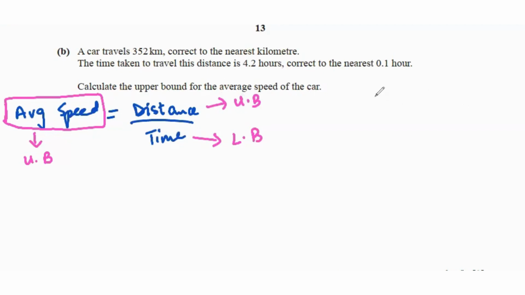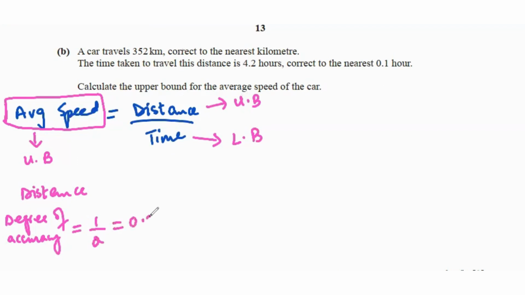For the distance, your degree of accuracy is going to be 1 divided by 2, which is 0.5. Why 1 divided by 2? Because it says correct to the nearest kilometer. Whatever it's correct to, you divide that value by 2.